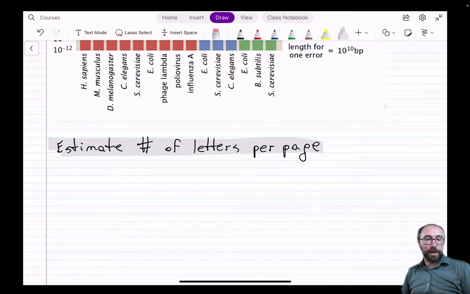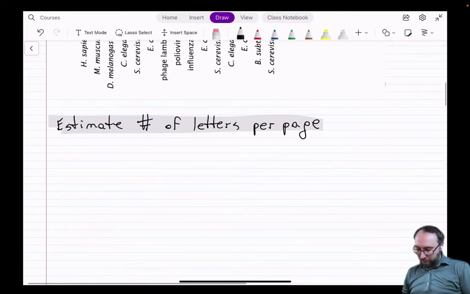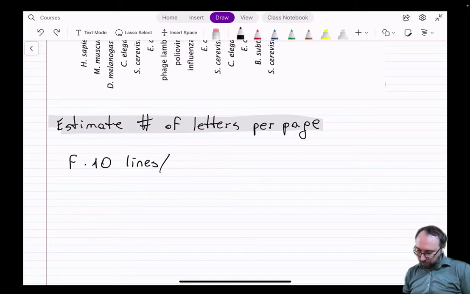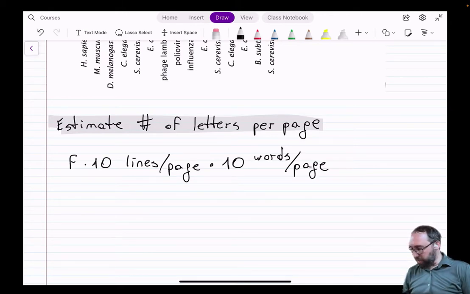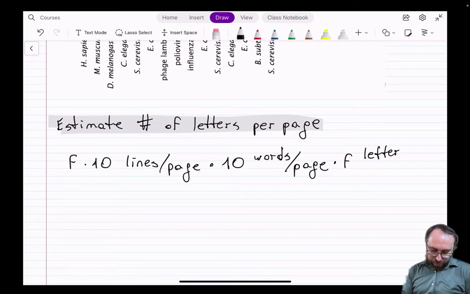In a typical page, I would say that there's a few tens of lines per page, and there's on the order of 10 words per line, and let's just say that there's on the order of a few letters per word.